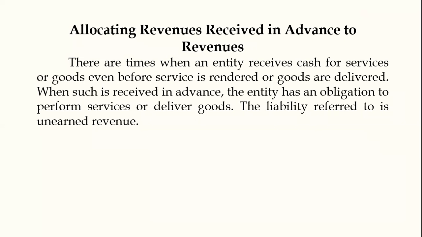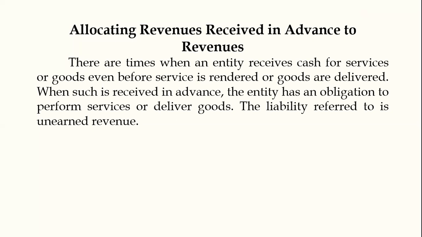All right, so next is allocating revenue received in advance to revenue. There are times when an entity receives cash for services or goods even before service is rendered or goods are delivered. When such is received in advance, the entity has an obligation to perform services or deliver goods.